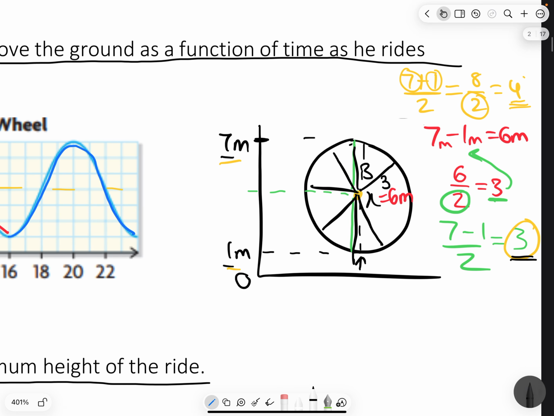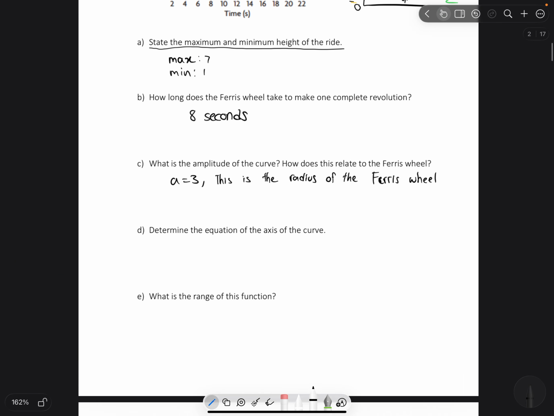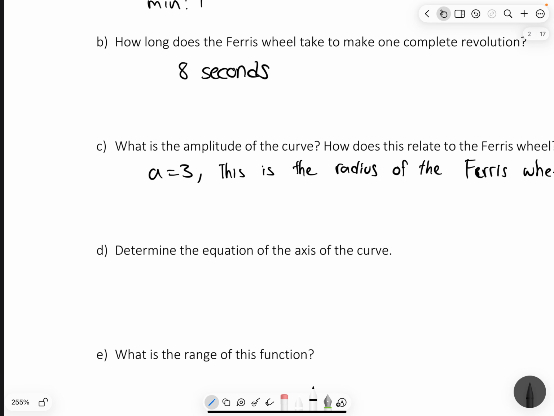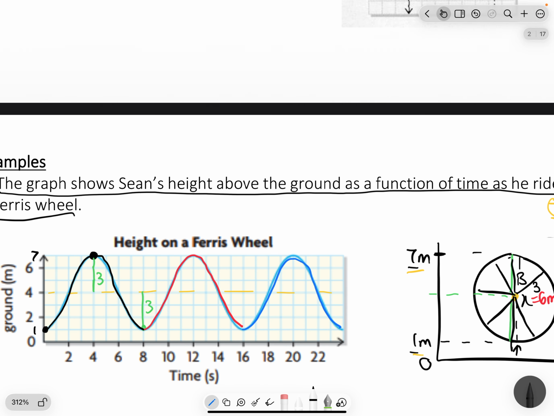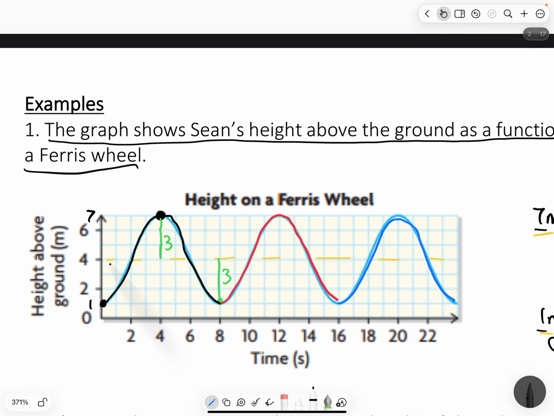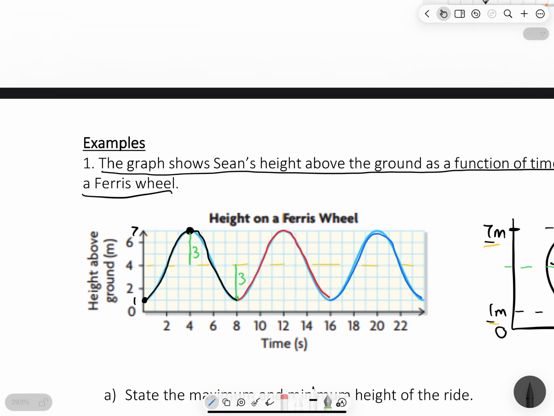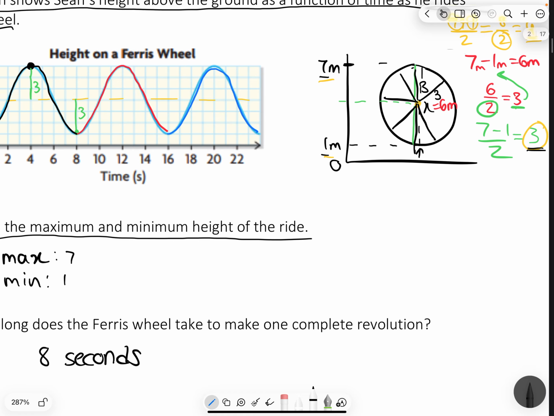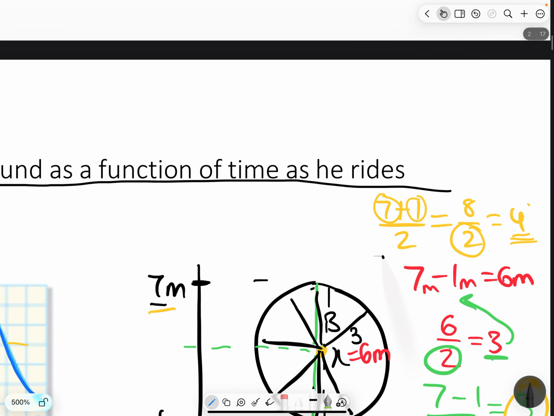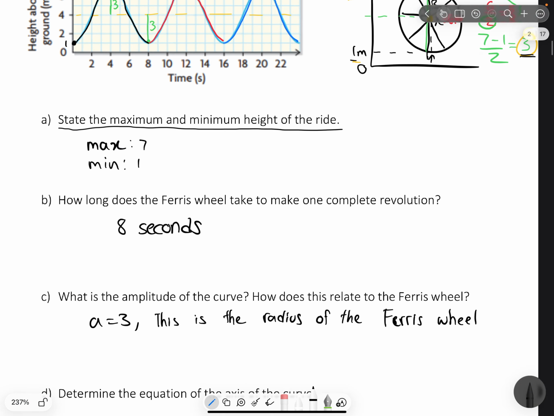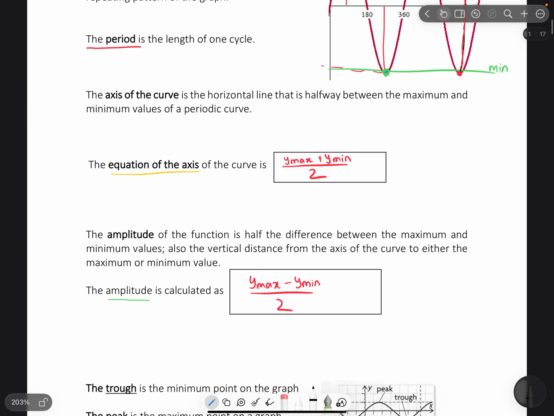So now we could determine the equation of the axis of the curve. We already figured it out here. The equation of the axis of the curve is y equals 4. We applied this formula and we figured out the logic behind this formula. We applied the y max plus y min formula, which is right here.